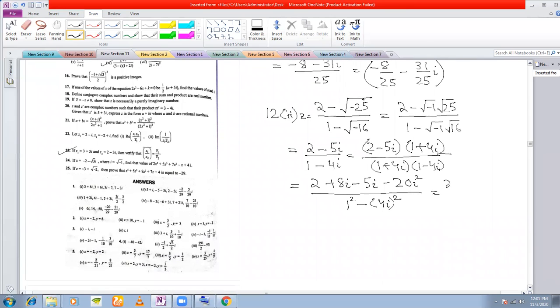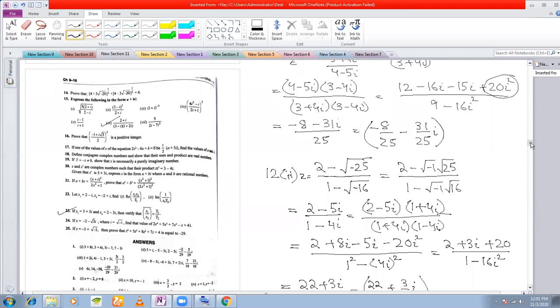So this becomes 2, 8i minus 5i is 3i, and this becomes divided by 1 minus 16i square. So this becomes 22 plus 3i divided by 17. So this becomes 22 by 17 plus 3 by 17 times i. So this has been written in the form x plus iy. Okay.